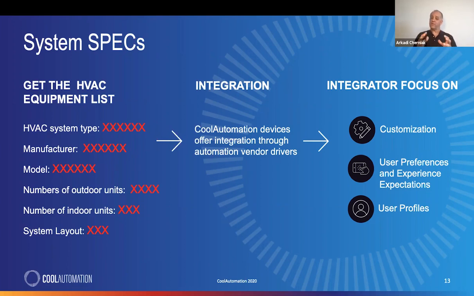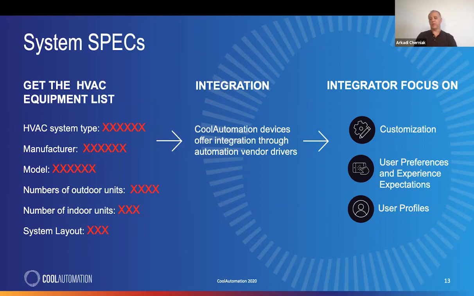Then you use some integration means to communicate between the HVAC system and your home automation system or any kind of automation system. I will talk about our devices, the CoolAutomation devices, that help you get through this challenge much quicker and more efficiently, elegantly, and, quite important, cost efficiently.